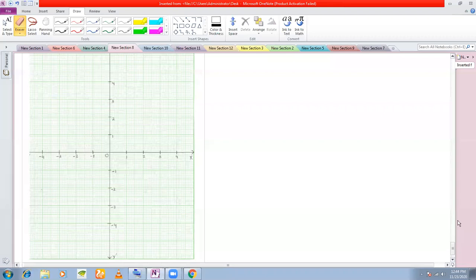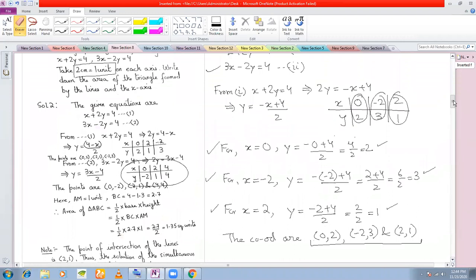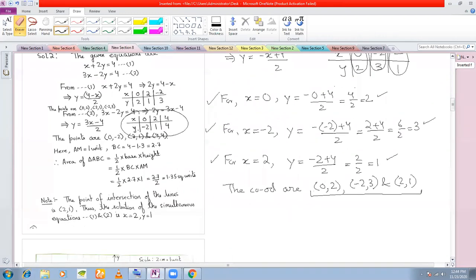But before plotting the points, I have taken out the three coordinates for the first equation. We'll take out the three coordinates for the second equation also. Now we consider the second equation. We have already considered the first equation. The second equation is 3x minus 2y is equal to 4. So write again y in terms of x.